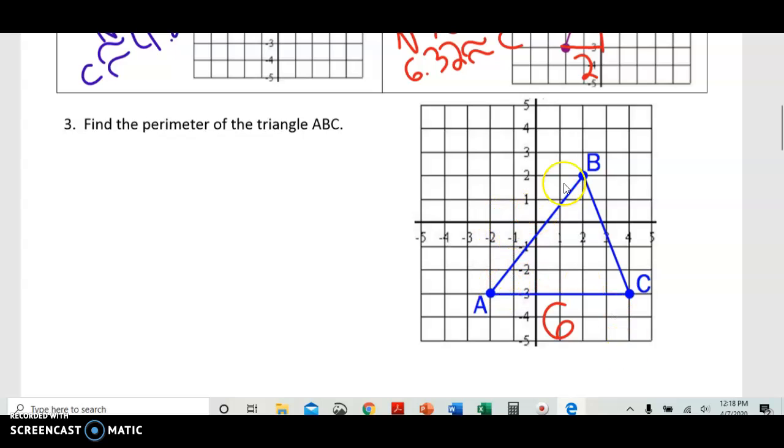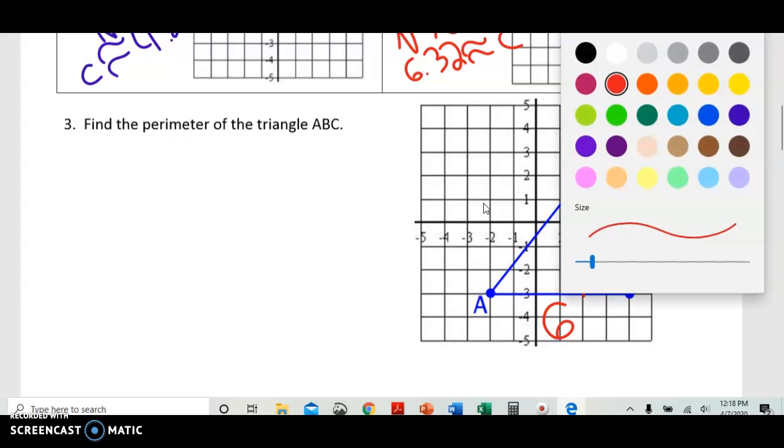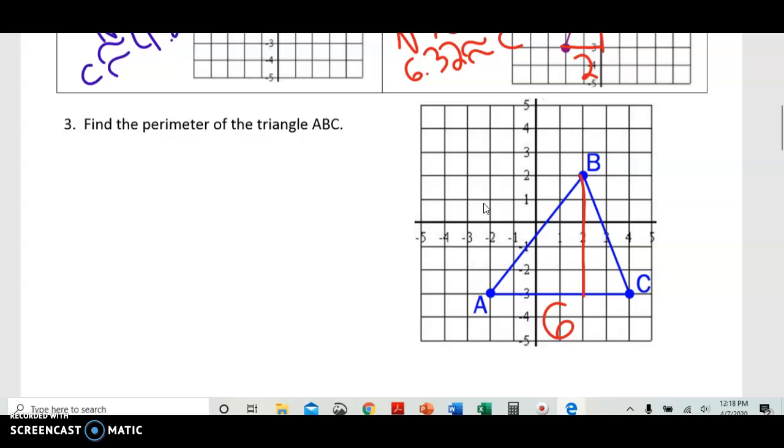All right, now we need to find the measurement of AB. So what we're going to do is draw a line straight down from B straight down to that line segment. Now let's change our colors. So now AC is 6. We already know that.